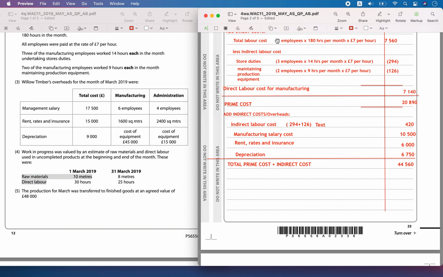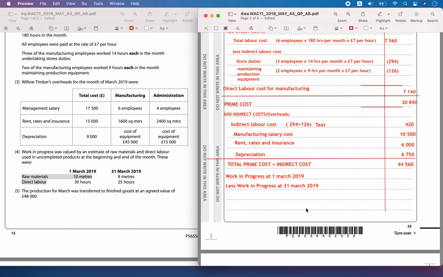So I am going to write work in progress at 1st March 2019, and I will have to subtract, less work in progress as on 31st March 2019.